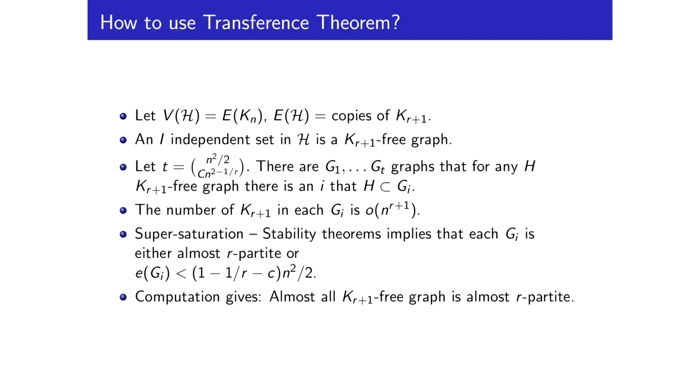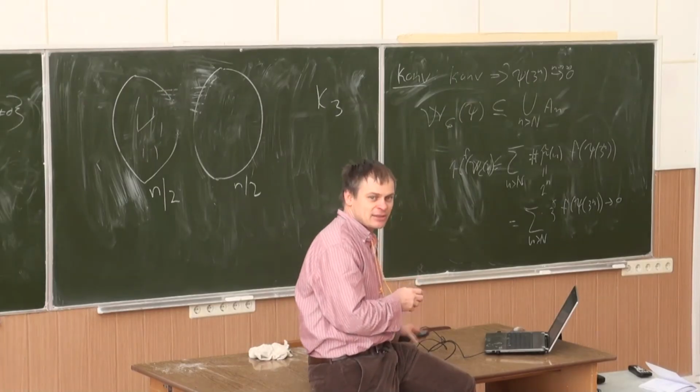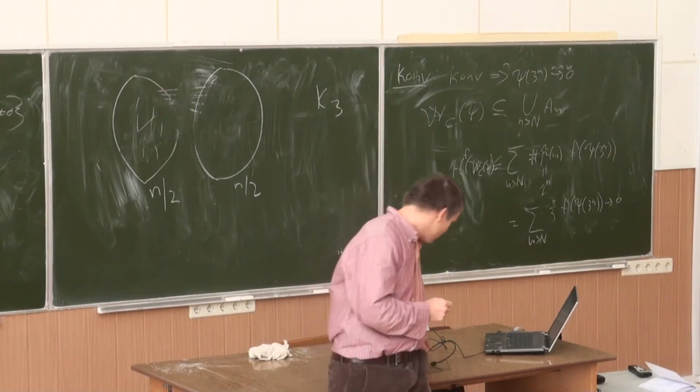If we are in this case, then most of the subgraphs will be almost r-partite, and if we are in this case, then we don't generate too many subgraphs because of this deficit. But the only thing that I could say is the sketch of the proof. Thank you.